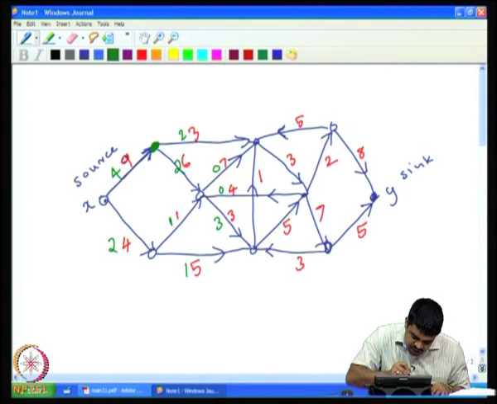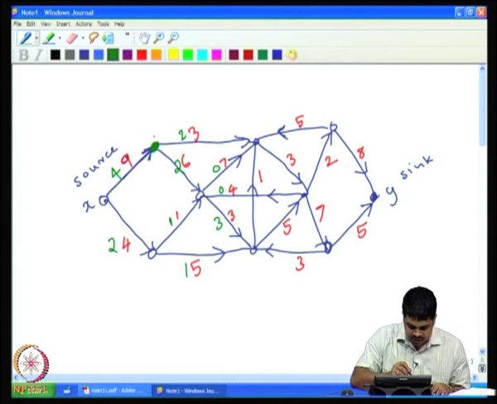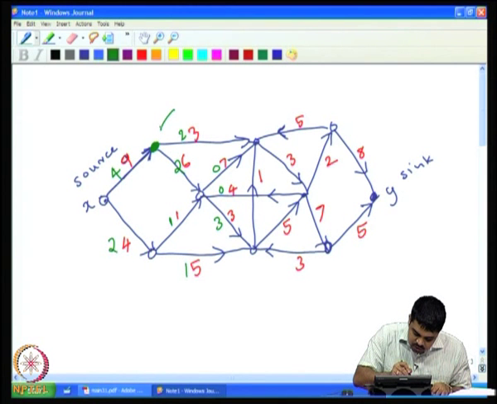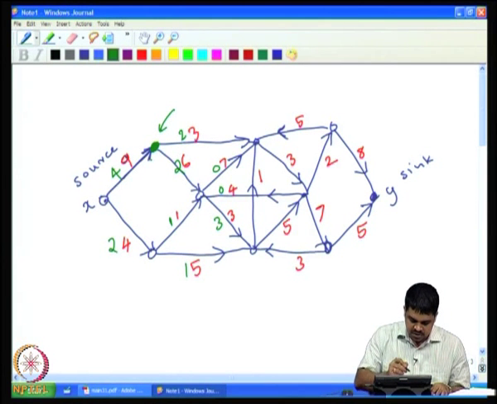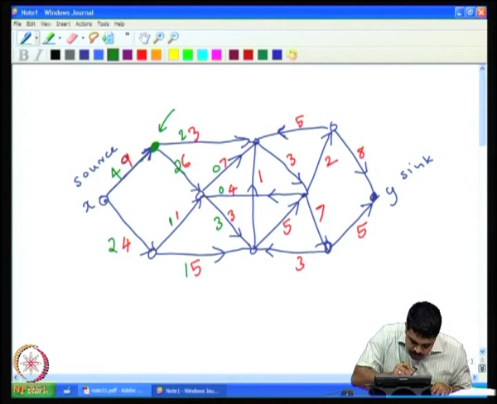You can check whether the conservation condition is satisfied at this vertex. This vertex belongs to I, an intermediate vertex. What is the flow on the incoming arcs? 4, and the flow on the outgoing arcs is essentially 2 plus 2, 4.